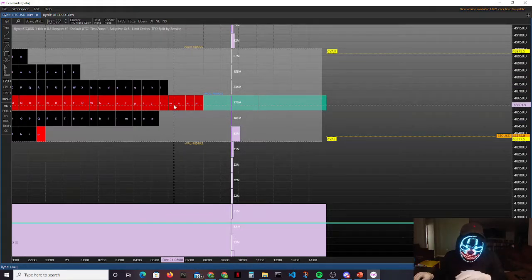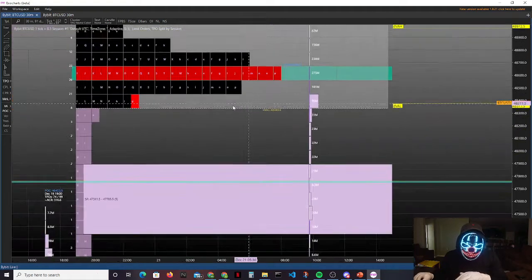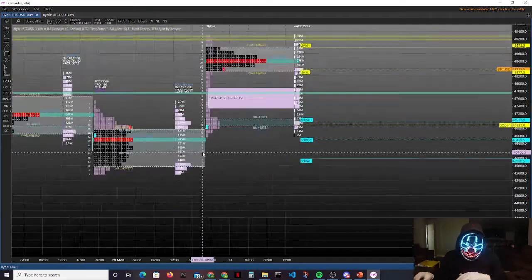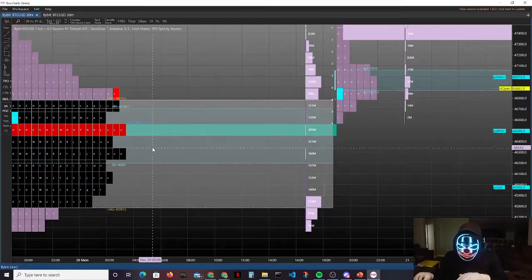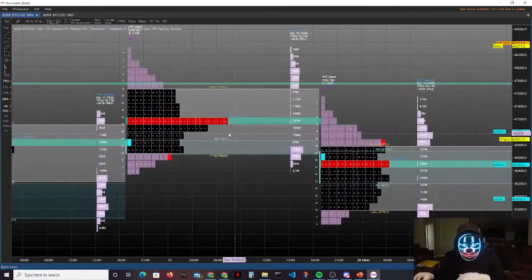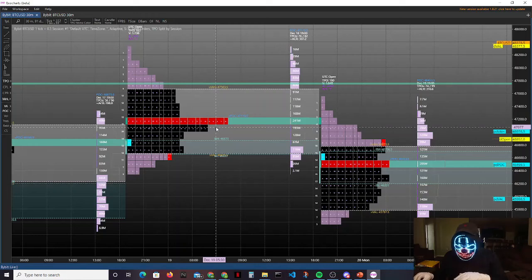I just have it configured that way. Same thing previous day, right here, and previous day. So, like I was saying, knowing market theory, knowing how price is going to have a reaction at different levels is very important in the use of VPOC and POC.